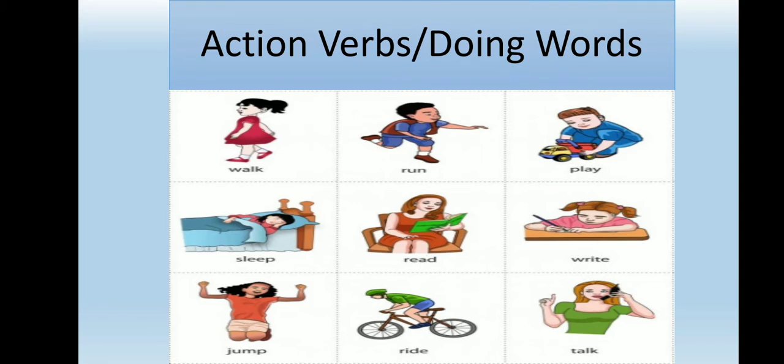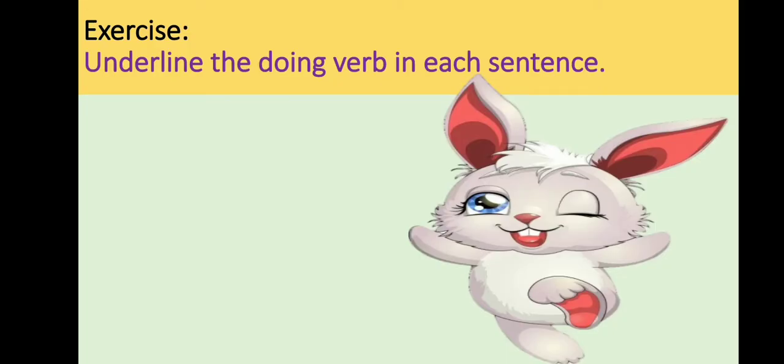Let's do the exercise of doing verbs. In this exercise, we have to underline the doing verb in each sentence. Mom bought a new dress.